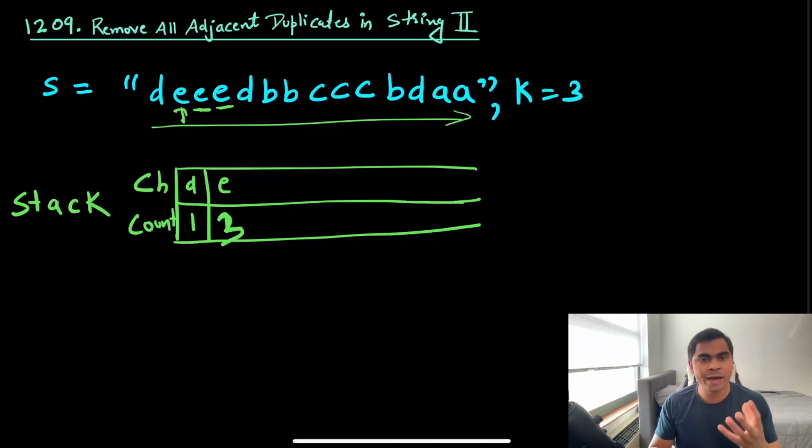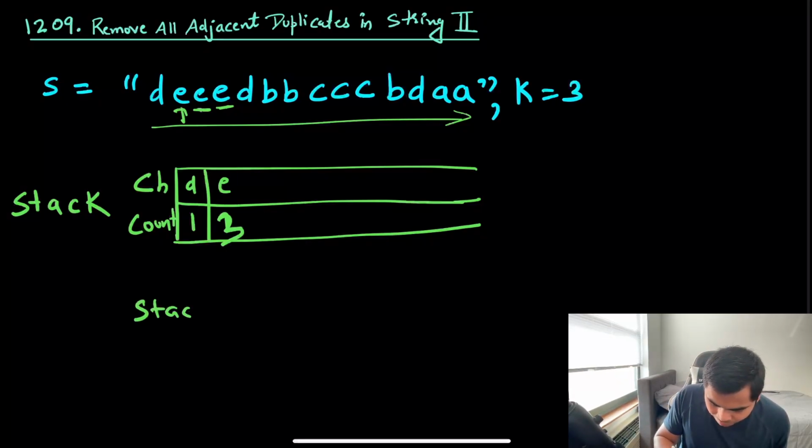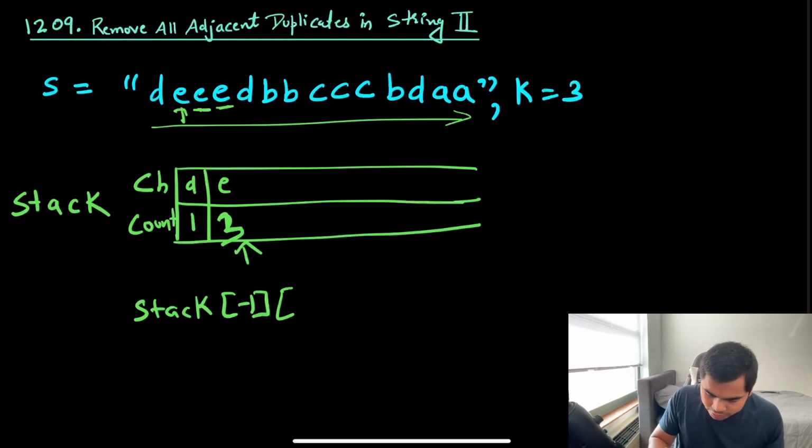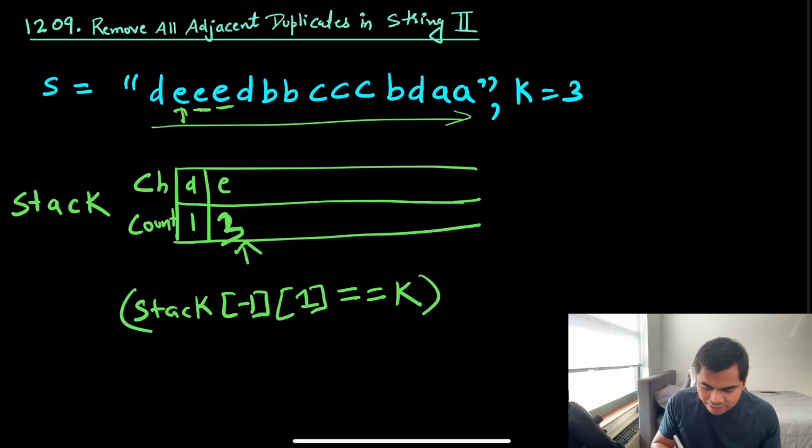Then in my loop, I will keep a check that whenever the top of my stack, its second value, let's say stored at index 1, is equal to k, if this condition passes, then I will remove this from my stack.